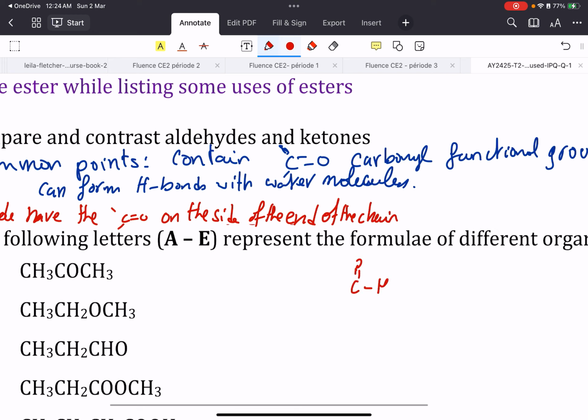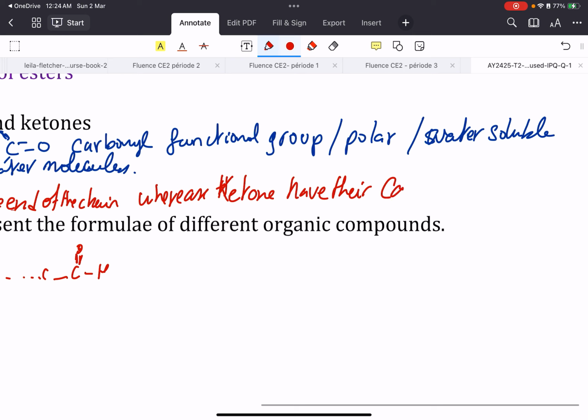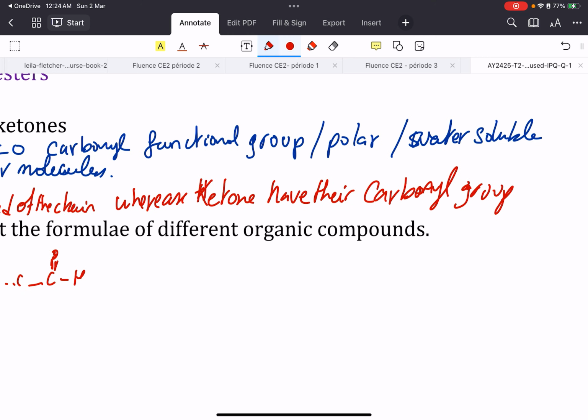So this C double bond O will have 1 hydrogen and a carbon on the other side, whereas ketones have their carbonyl group between 2 other carbons, bonded to 2 carbons from the sides.